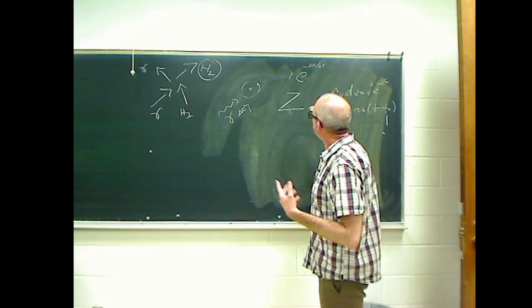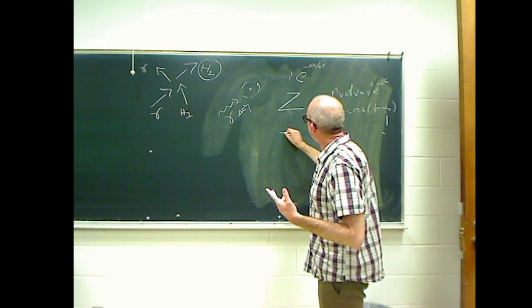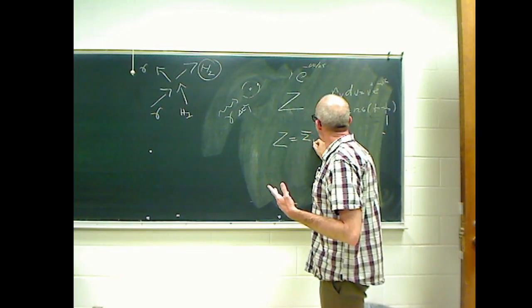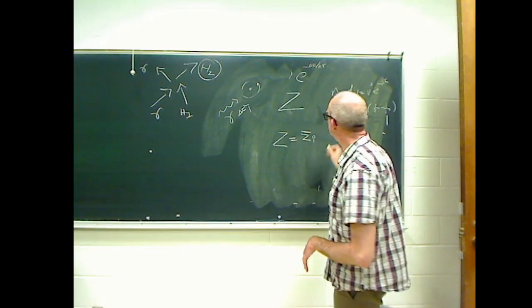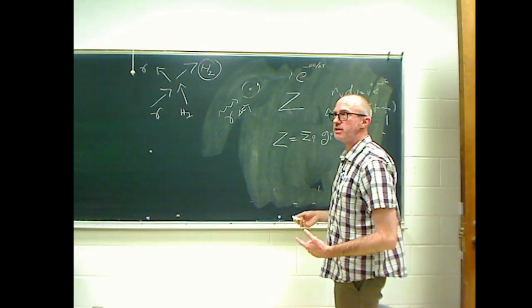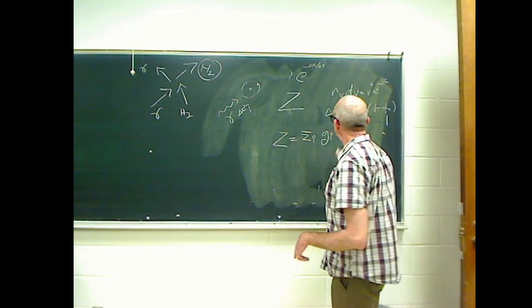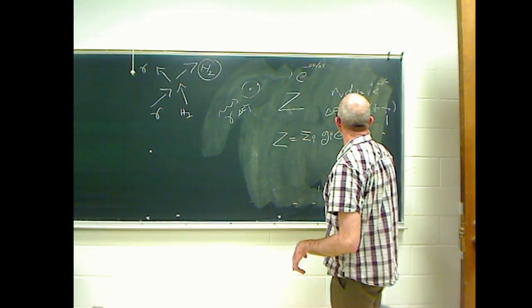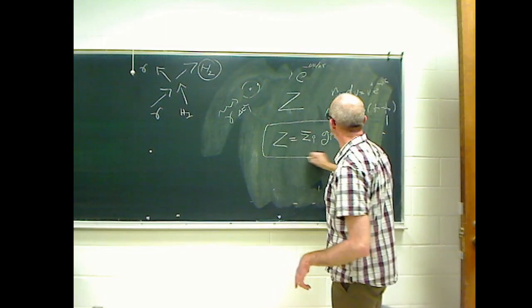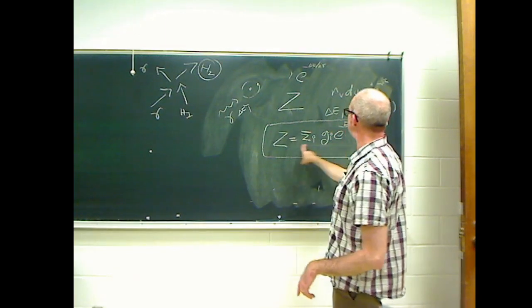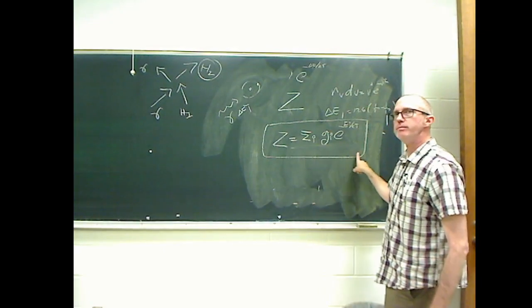If I want to talk about all of the states, I have this thing called the partition function, which is the sum over all of the possible states of the degeneracy of that state, so how many electrons I can fit into that orbital or whatever, times e to the minus the energy of that state over kT. This is just the Boltzmann factor again. We're just summing up the Boltzmann factor for all of the possible terms.